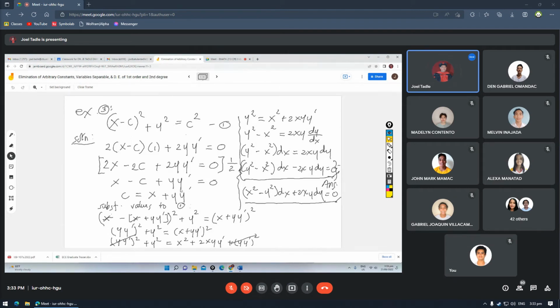Ang constant. So using power formula, ang u is the quantity x minus c, nya ang atong n is 2. So n is 2 times our u, which is quantity x minus c, then raised to the power of n minus 1.